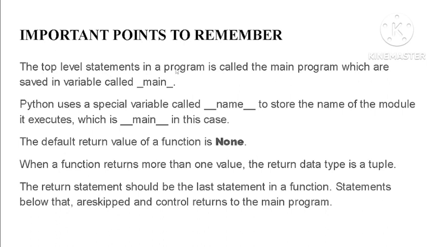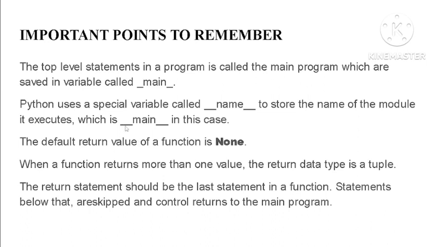The top level statements in a program are called the main program, which are saved in a variable called __main__, that is double underscore here. Python uses a special variable called __name__. Whenever Python executes a module, it will store the name in a variable called __name__.